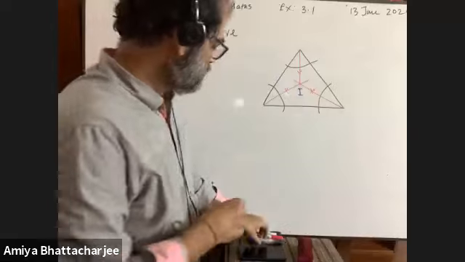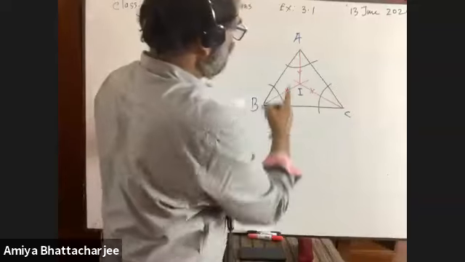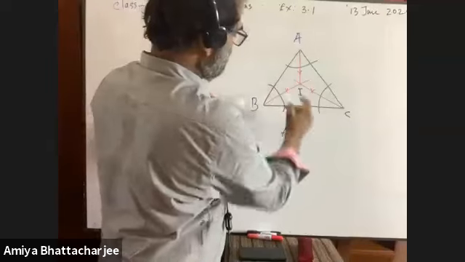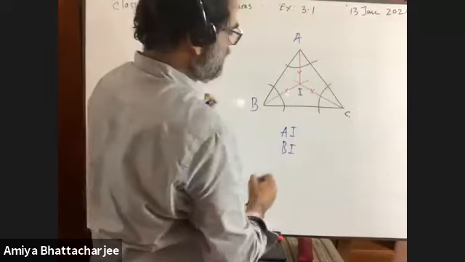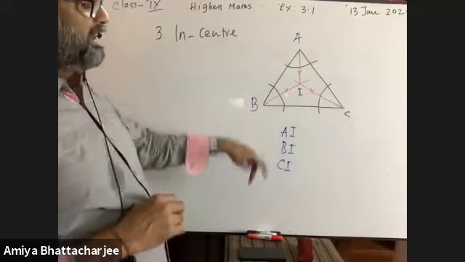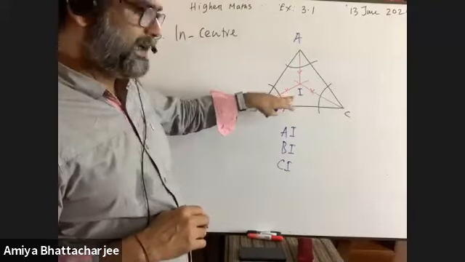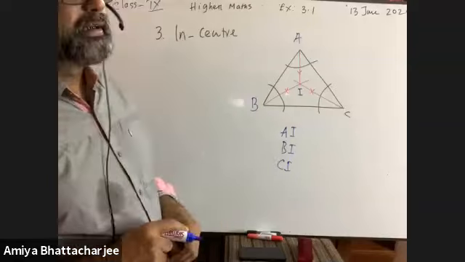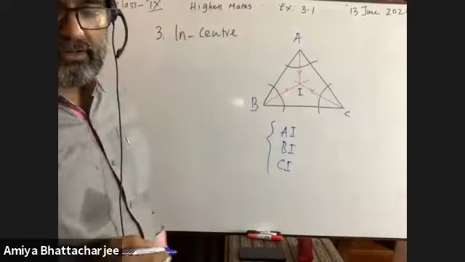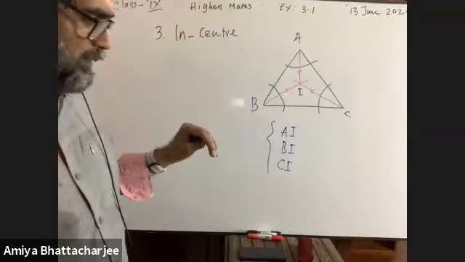Suppose you name the triangle A, B, C. So we have got AI is a bisector of the angle A, BI is a bisector of the angle B, and CI is the bisector of the angle C. And all these three internal bisectors of the angles meet or intersect at the point I. This I is called the incenter. And of course, all those three bisectors are concurrent. Have you got me?